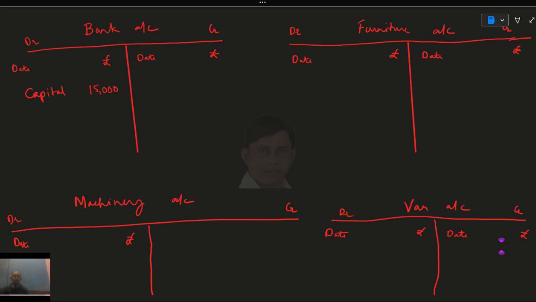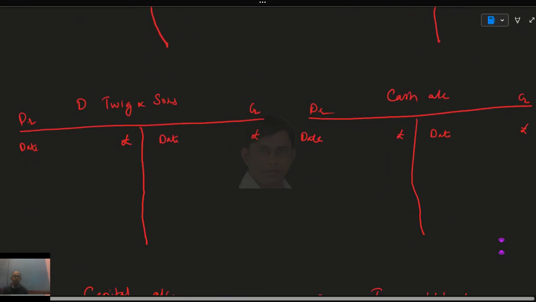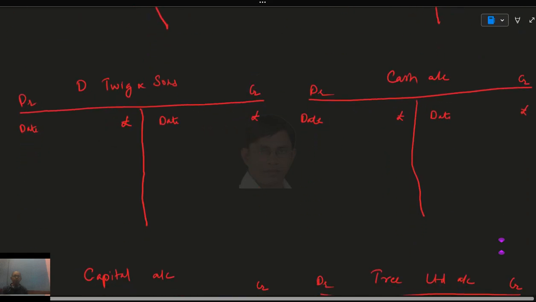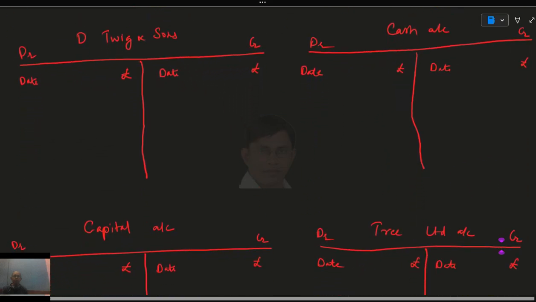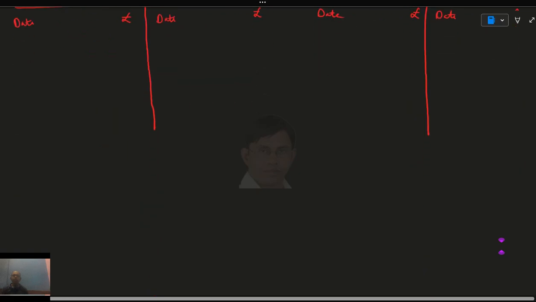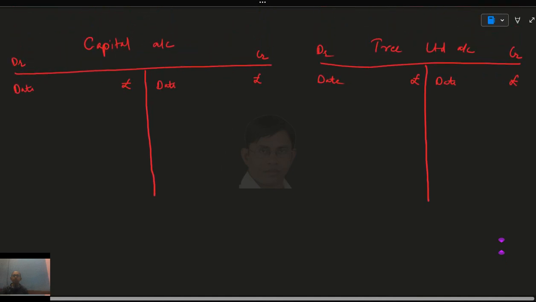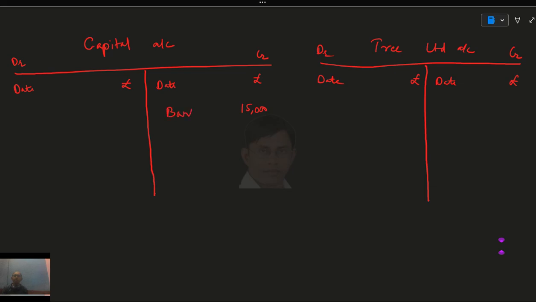So the liability capital account will be credited 15,000. How has this happened? Because money has come into the bank.